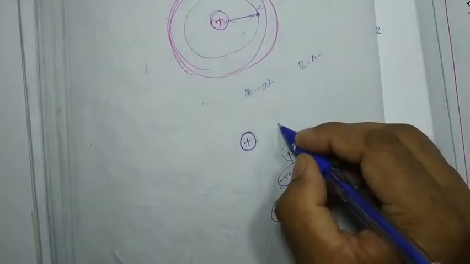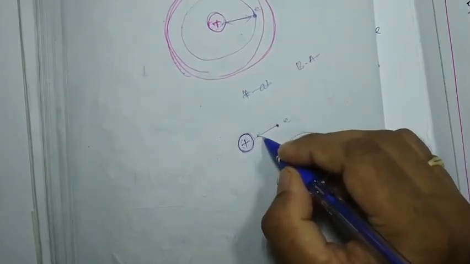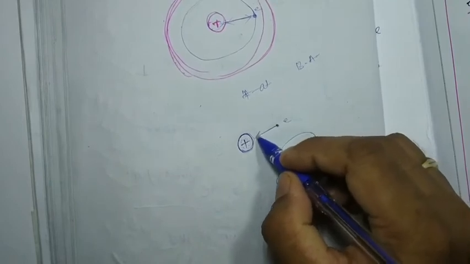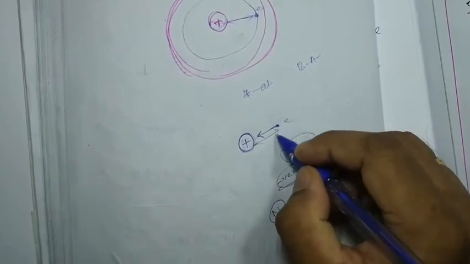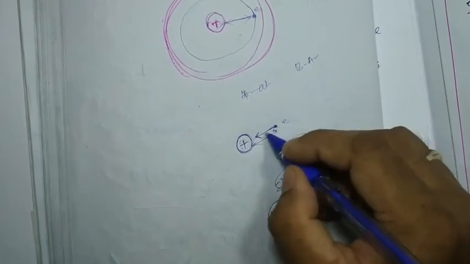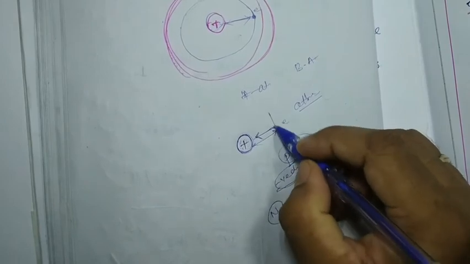So when the electron is approaching the nucleus, initially it is attractive. Suppose from this distance, initially it is attractive, so an attractive force up to a certain distance.